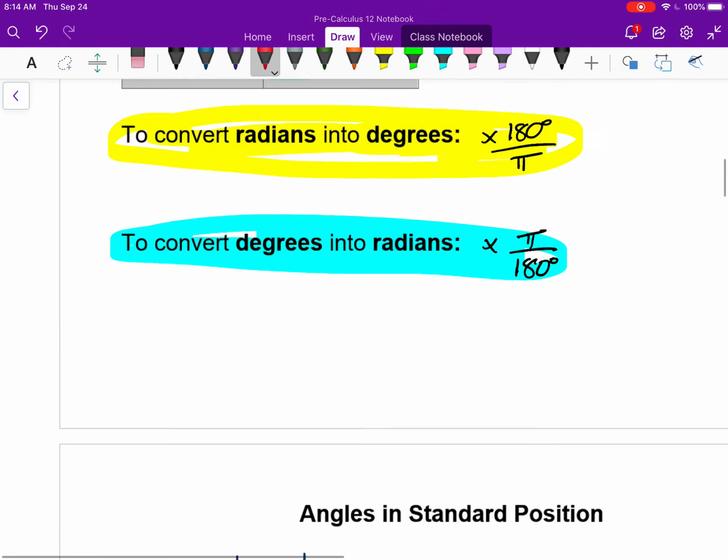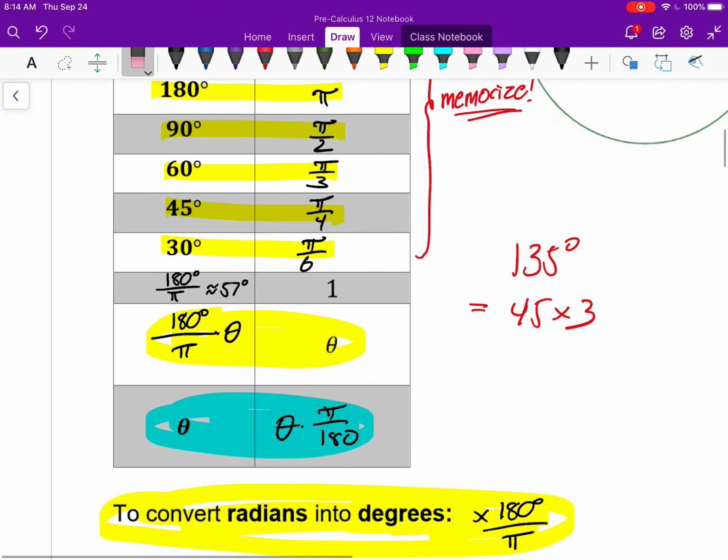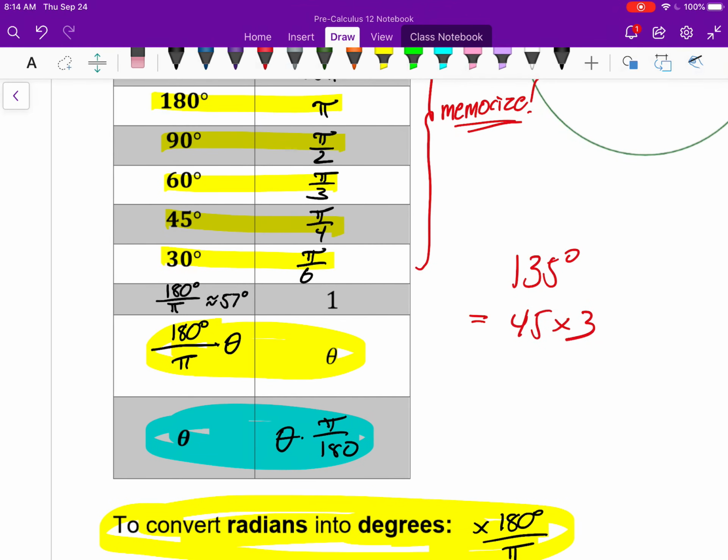And I can visualize that right here: that's 45 degrees, that's 45 degrees, that's 45 degrees. And once I realize that 135 degrees is the same as 45 times 3, well then 45 degrees, I already mentioned right here, is pi over 4. So 135 degrees must be the same as pi over 4 times 3, which is 3 pi over 4.